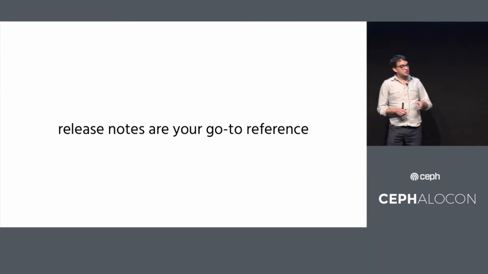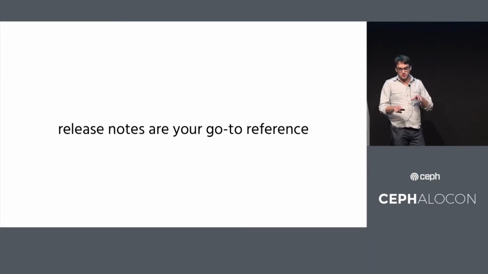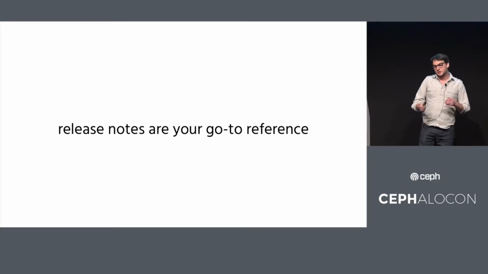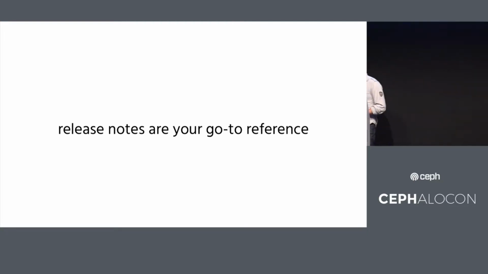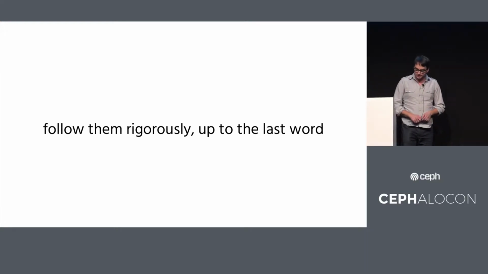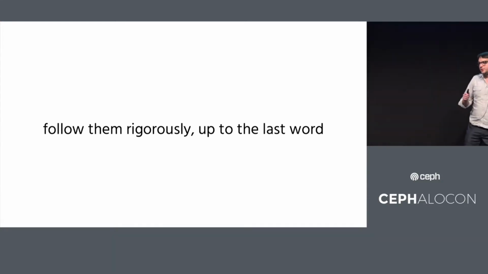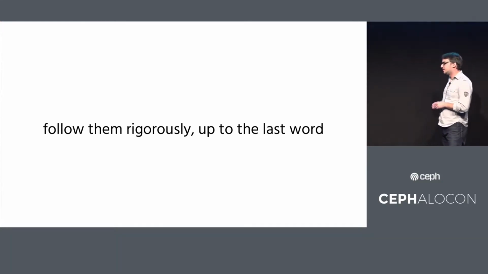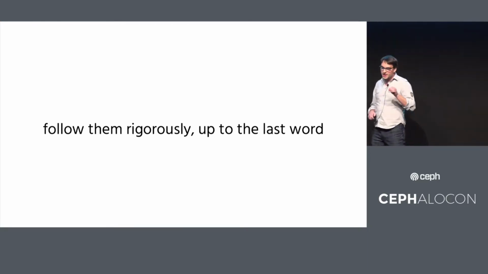So there may have been changes in the output of ceph health that might affect the way you use your cluster, your monitoring tools, stuff like that. So read them carefully. And besides the release notes, there are update notes. You want to follow them really carefully too, because down to the last line, every option, every flag is important.